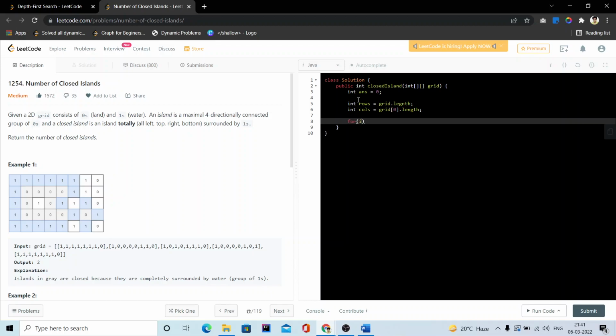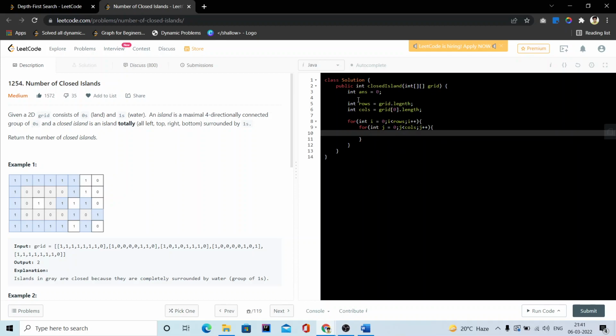Now we are traversing the whole matrix. Now if we find a zero in this grid, we would apply DFS on that zero.